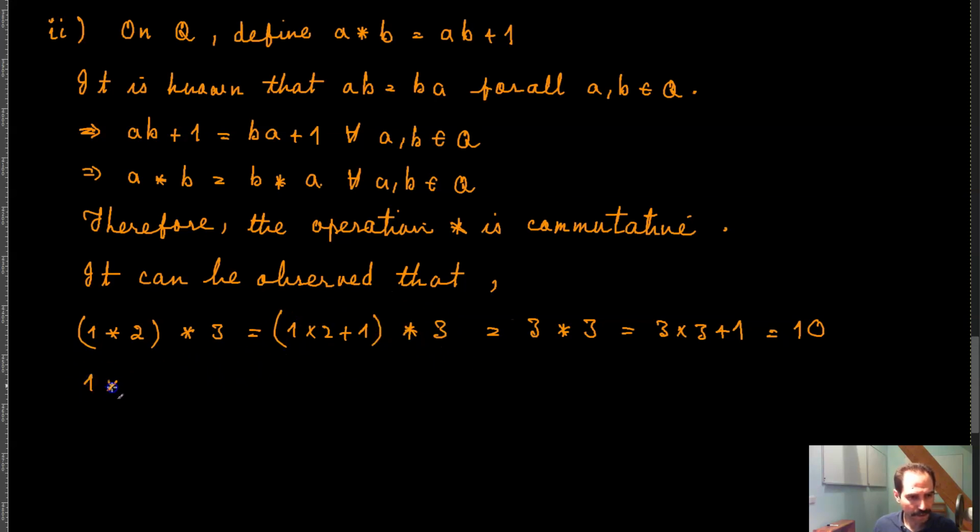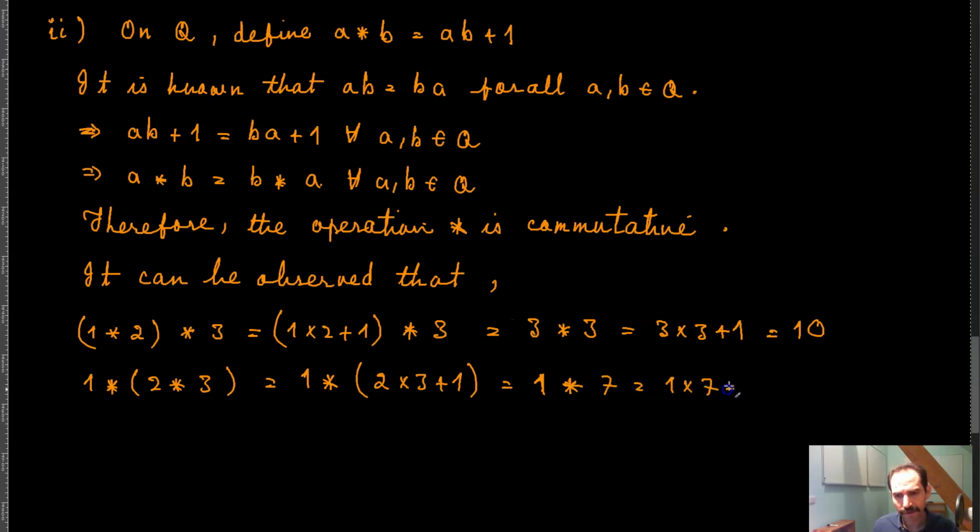And 1 star 2 star 3 is the same thing as 1 star, basically 2 times 3 plus 1, which is the same thing as 1 star 6 plus 1 is equal to 7, which is equal to 1 times 7 plus 1, which is equal to 8.